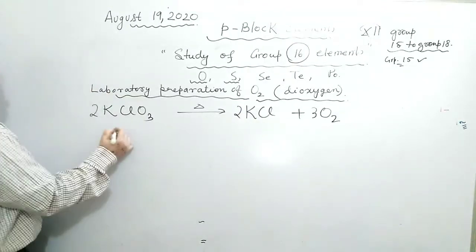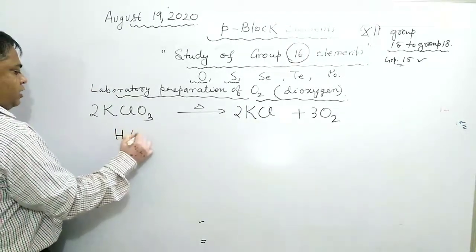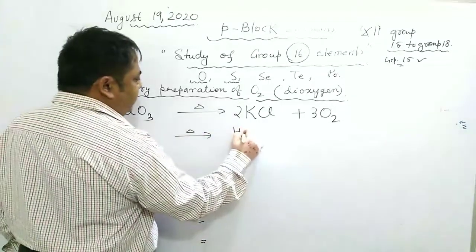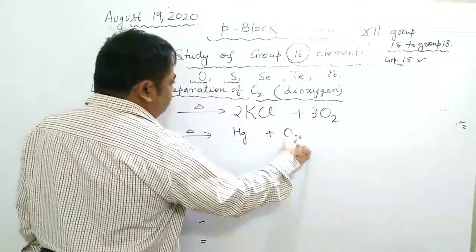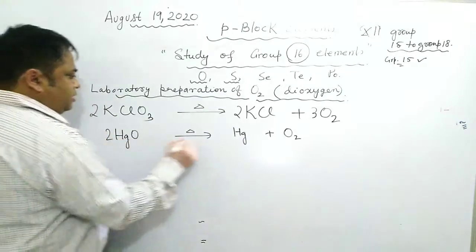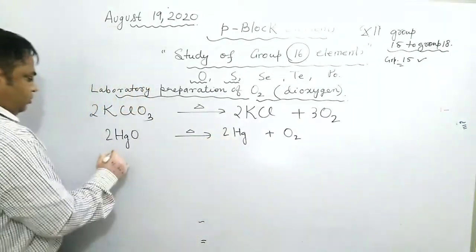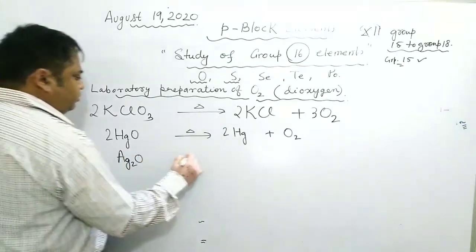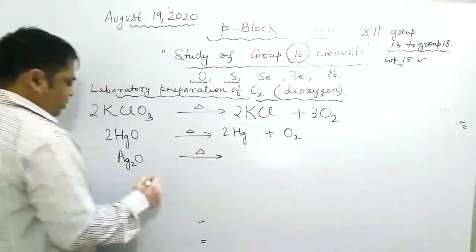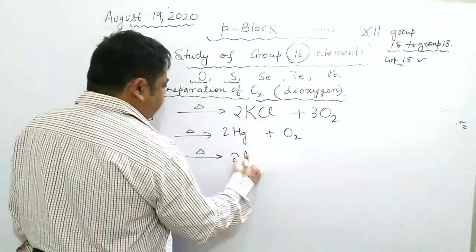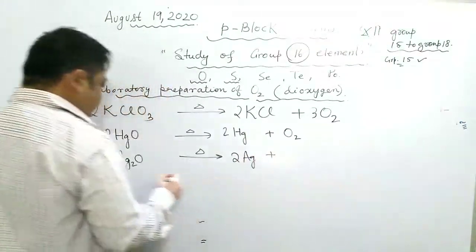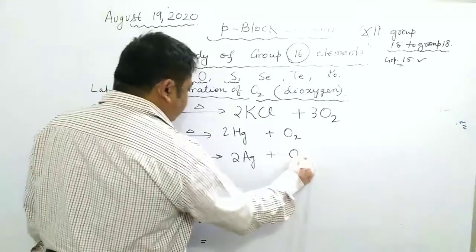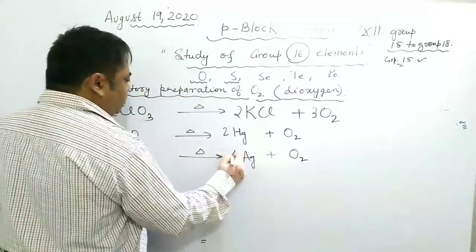We can take the oxide of any heavy metal like mercury oxide, and it can also undergo thermal decomposition to form Hg plus O2, twice. We can take Ag2O, heat it, it will form 2Ag plus O2, and this will become 4.